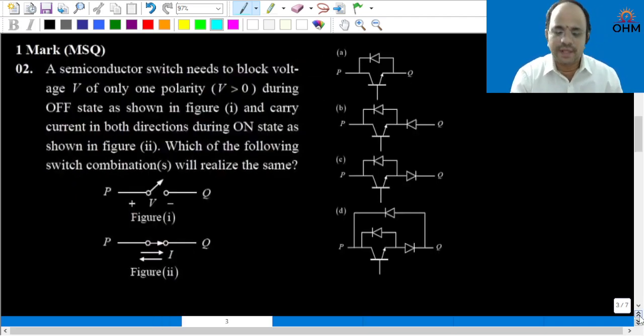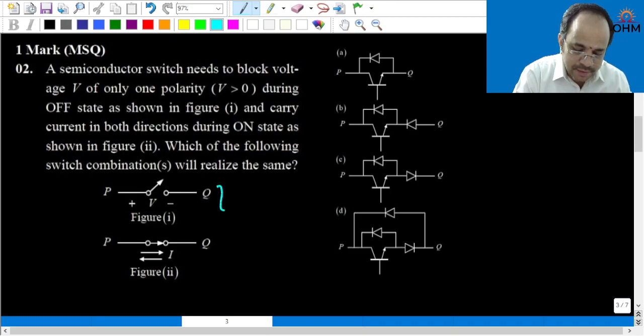So this is also another simple problem, a 1 mark question, but this is an MSQ. MSQ means there can be one or more than one answer, but not all the answers. So a semiconductor switch needs to block voltage V of only one polarity. That means you need to identify a unipolar switch from the given options during the turn off state as shown in figure 1, and carry current in both directions during the on state as shown in figure 2.